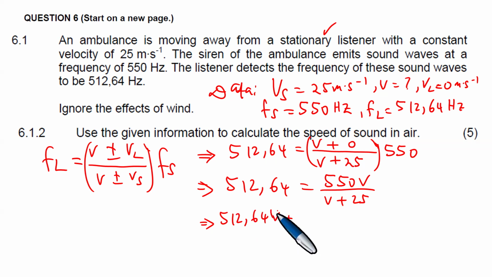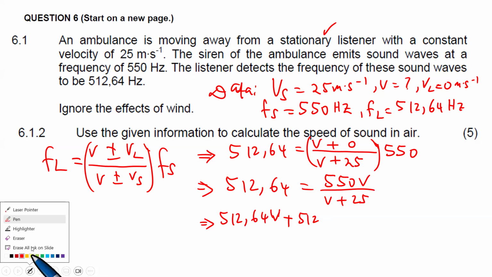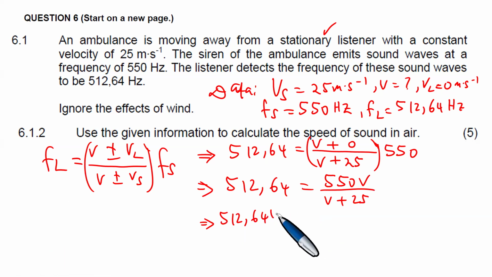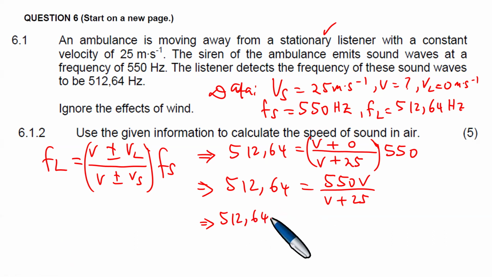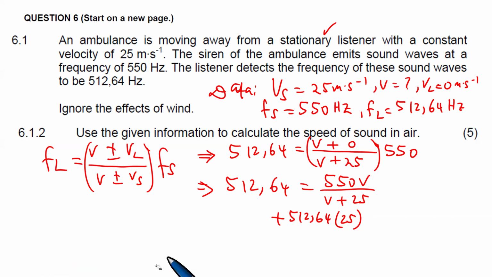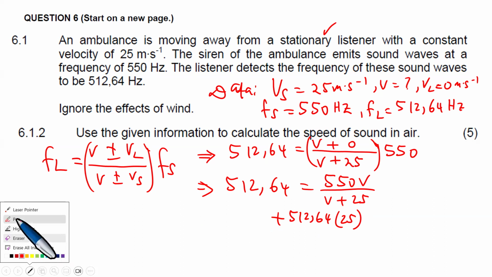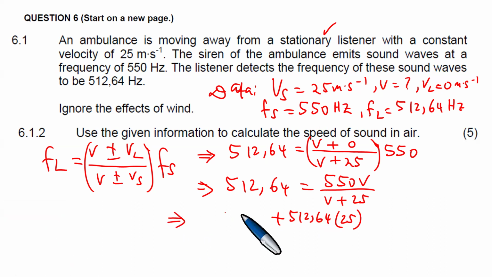You cross multiply these things. So it's 512.64 times V, and 512.64 times 25.